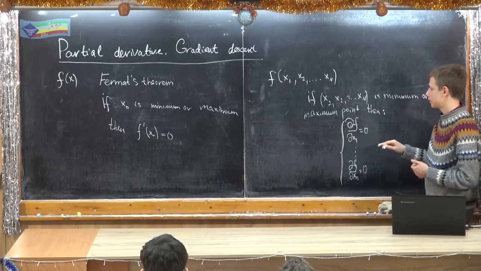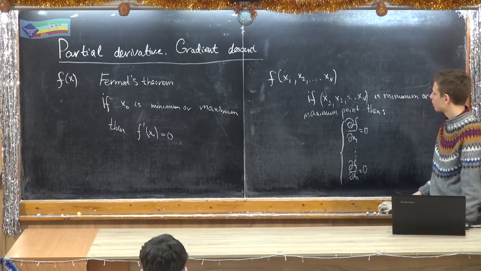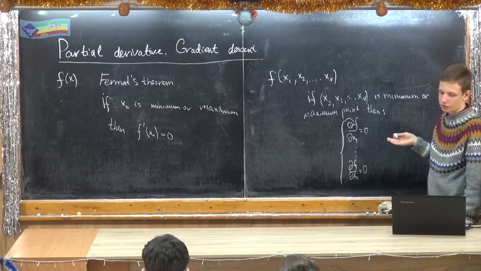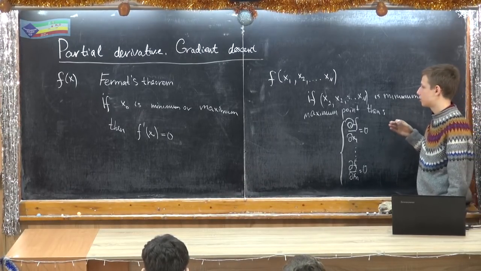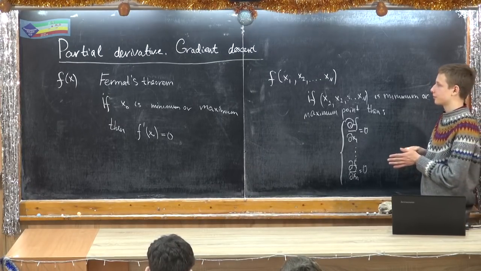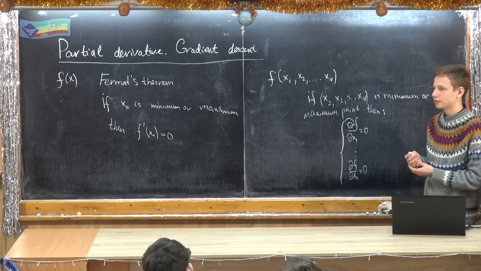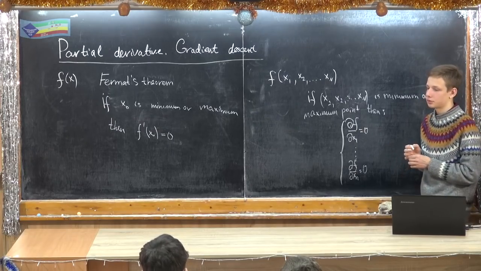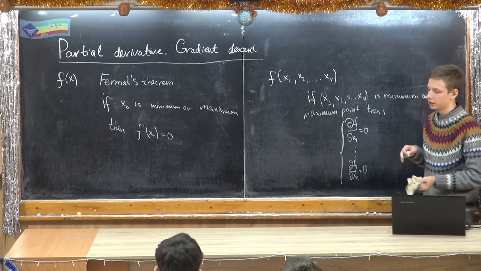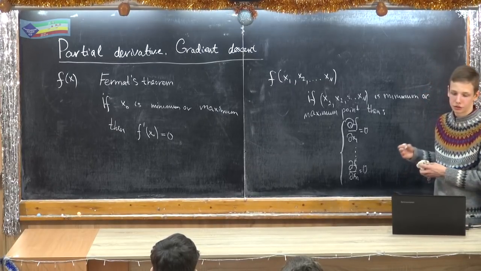We will have as many equations as we have variables, so we have a system of n equations with n variables, which means that a solution can exist, but sometimes it cannot, or sometimes we can have infinitely many points of local minimum or maximum, but that means that we can actually solve it.